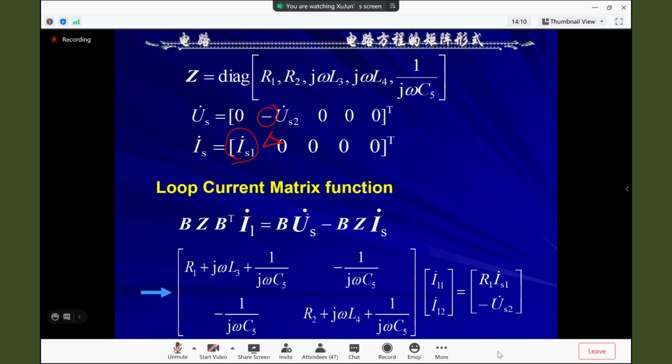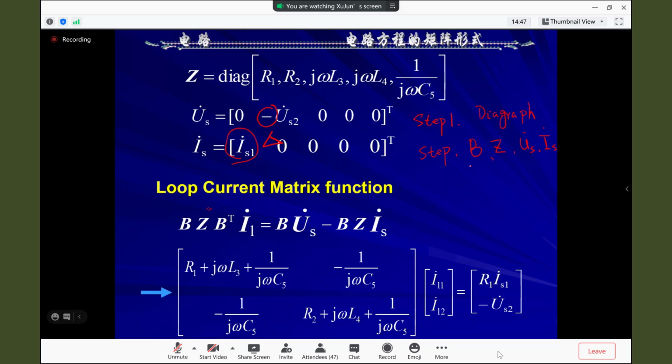The loop current matrix function is like this. Pay attention, we have several steps. Step 1: draw the diagram. Step 2: write the matrix B, matrix C, and US and IS.